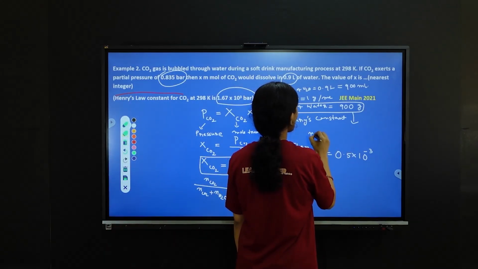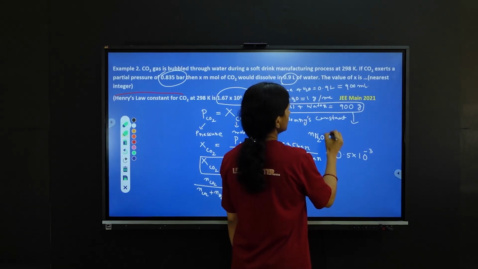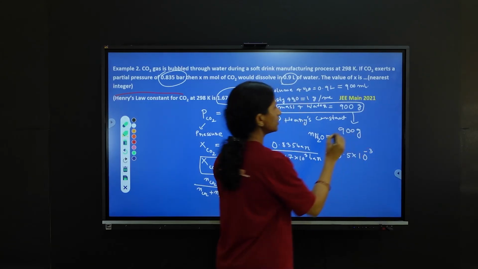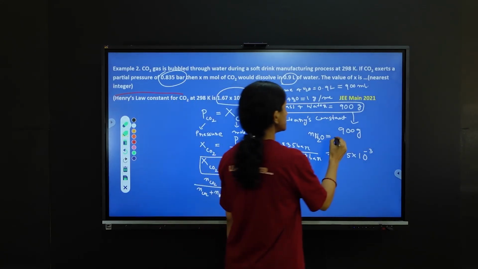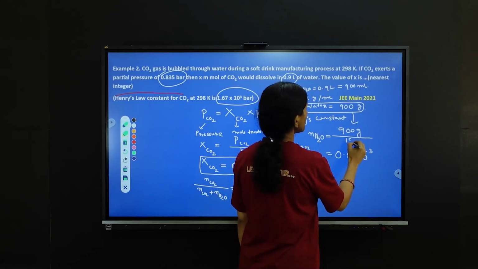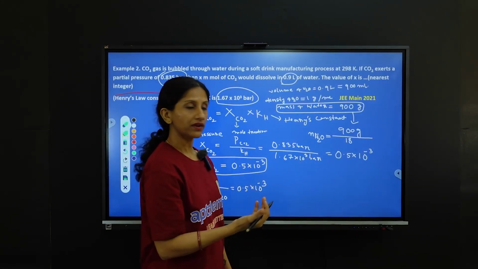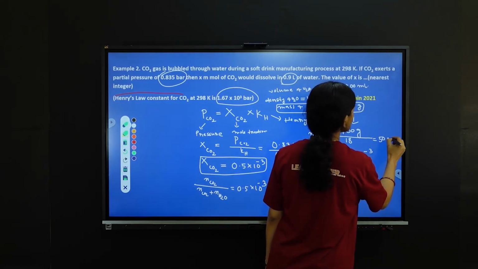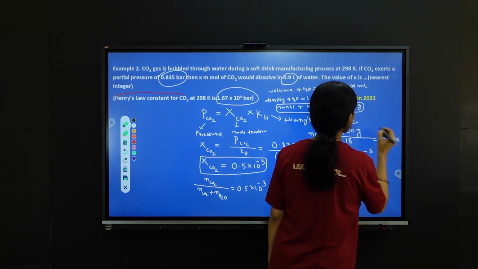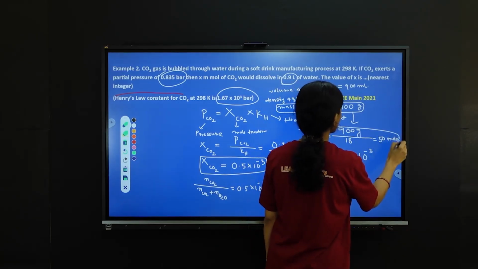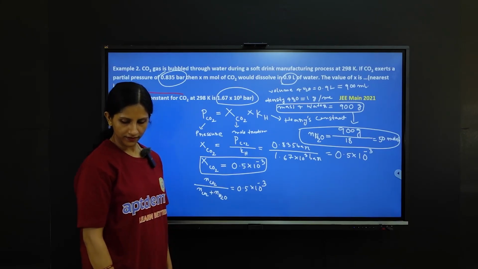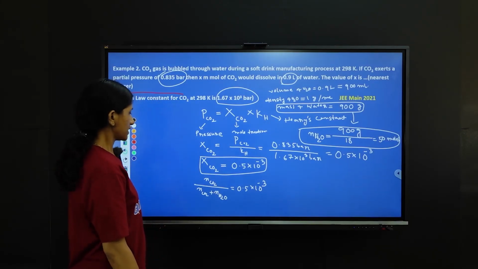So NH2O is the 900 gram, which is the weight of the water or solvent, divided by the molar mass, which you already know, 18 for water, and this gives you 50 moles. If you calculate, you will get 50 moles, right? So your NH2O has come out as 50 moles.